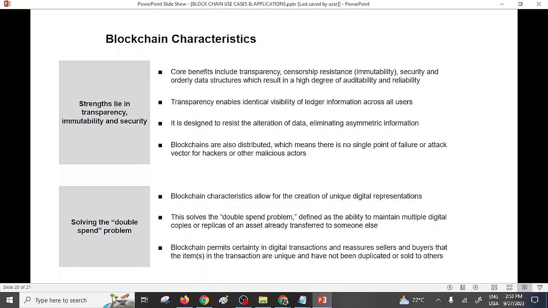We also looked at the double spend problem, and I really emphasized that, right? It creates some kind of mutual trust between the sender and the receiver. Automatically, the system will not allow you to share information that you don't have, right? And that's where the miners come in. In fact, the miners really help in solving the double spend problem that is realized within the blockchain.